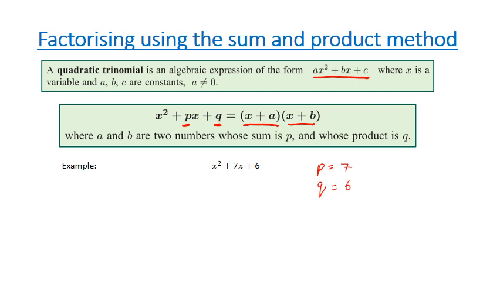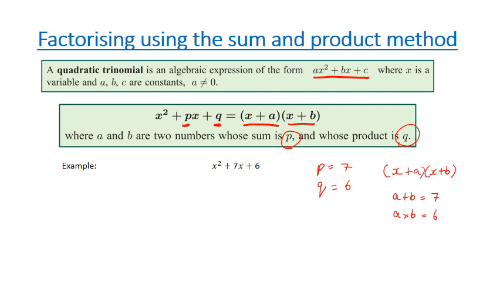We need to get our quadratic factorized into x plus a, x plus b, where a plus b equals our sum, which in this case is p, so 7, and a multiplied by b, our product q, is going to be 6.